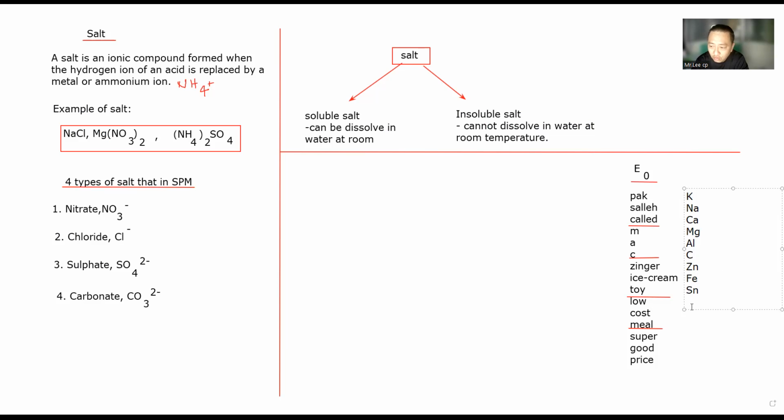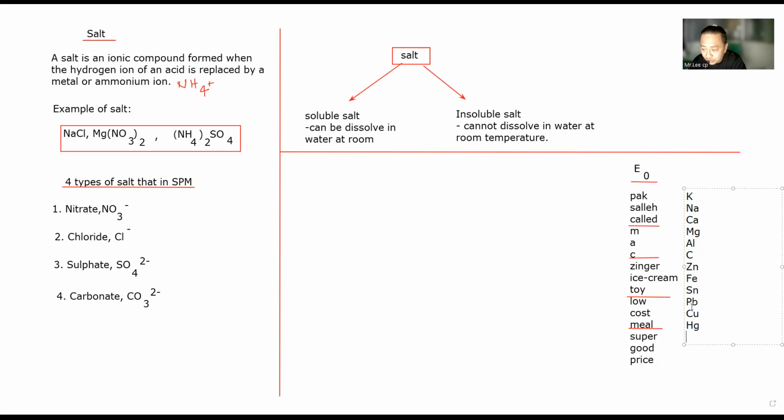Law is low cost meal. Law is lead, Pb. Cost is copper, Cu. Meal is mercury, we use the symbol Hg.